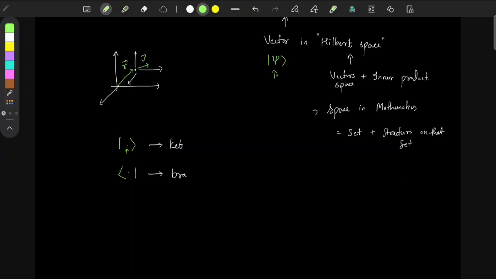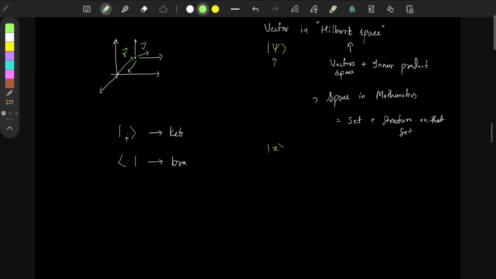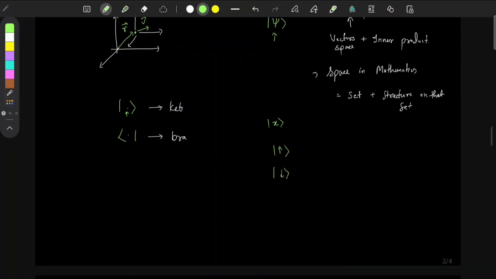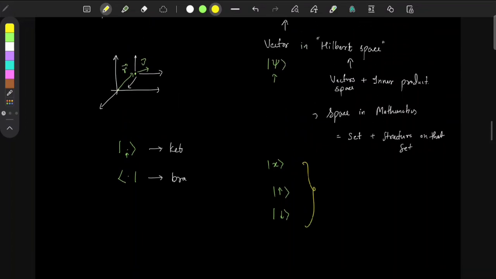In general we would write psi when we want to write something general, but you can write position, like the ket which represents some position x, the ket of a spin up particle, the ket of a spin down particle. Okay, so this is how the notation works. You will get more familiar with it as we go along.